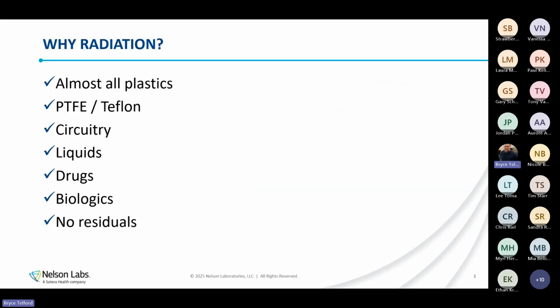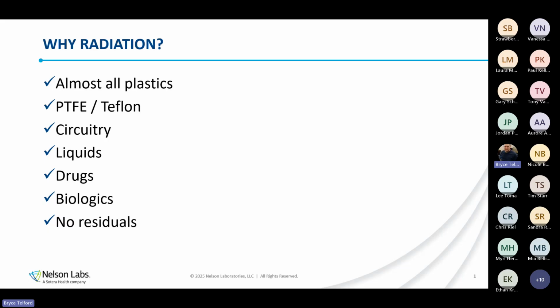So why radiation? Well, radiation tends to work very well for almost all plastics. We can sterilize PTFE and Teflon if we keep the doses low enough and depending on product functionality and purpose. We generally can sterilize circuitry as long as, again, we can keep the dose low enough and depending on functionality and complexity.